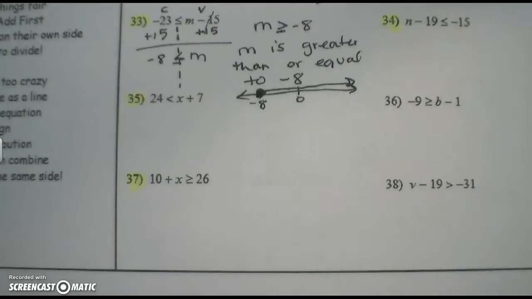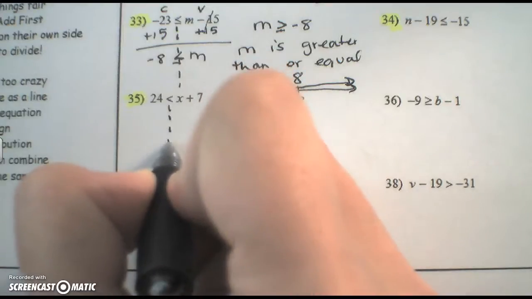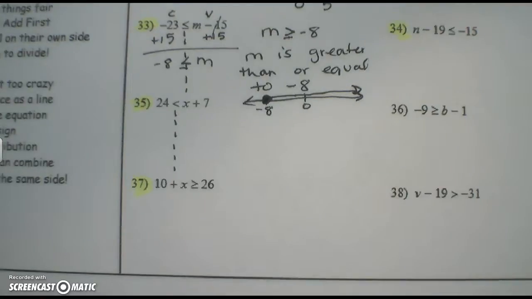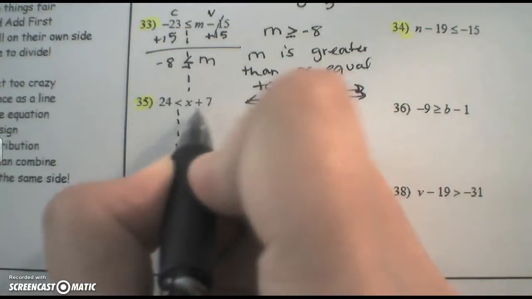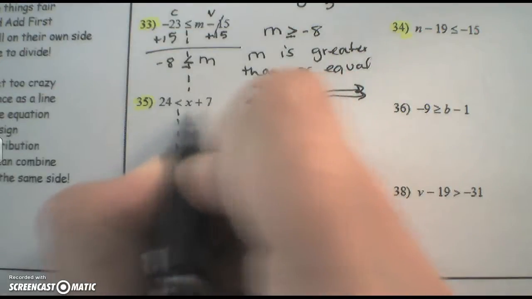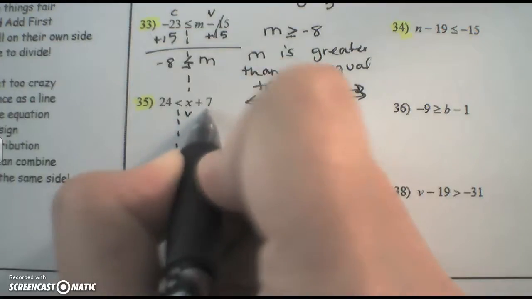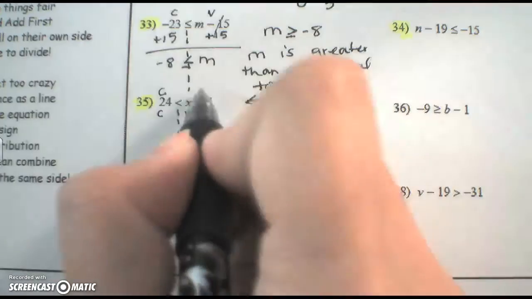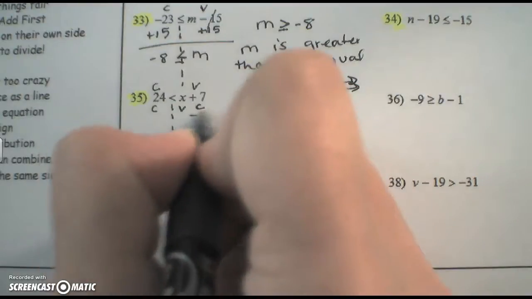All right, 35. Before we get too crazy, draw a fence as a line. Separates the inequality from the equal sign. All right, check for distribution. Nope. Combine like terms on the same side. Nope. And then we want to label and get our constants over here in Constantville. Variables stay in variable land, so subtract that 7.